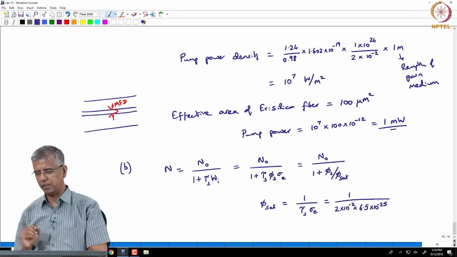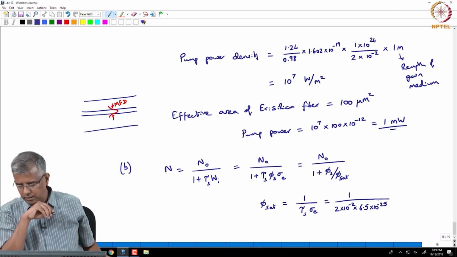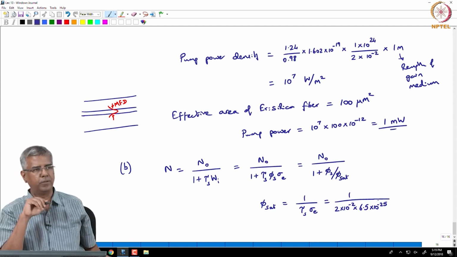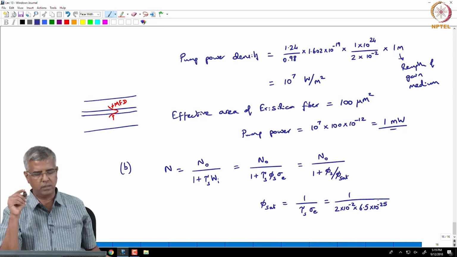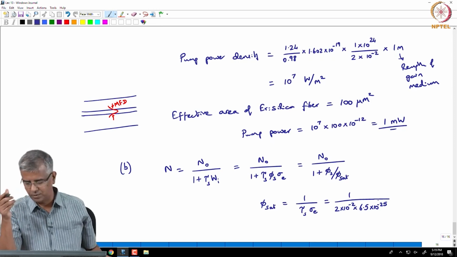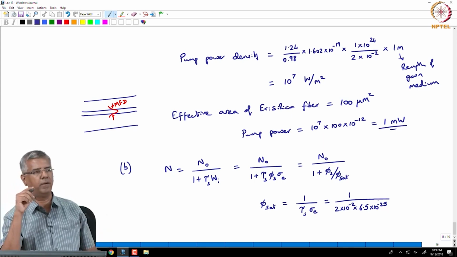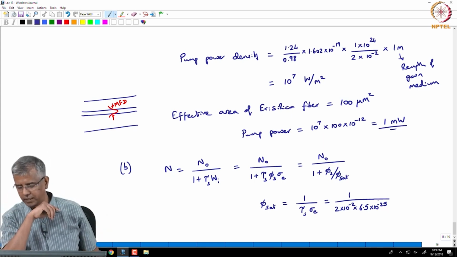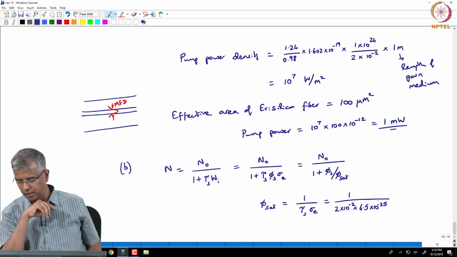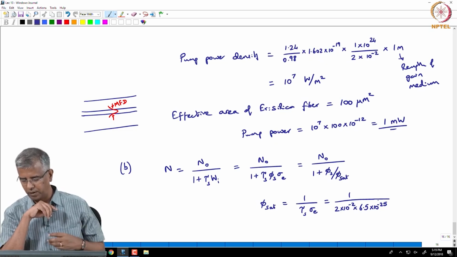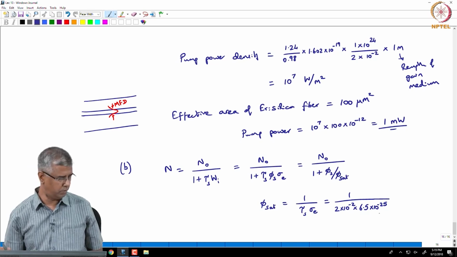And mind you, sigma e is actually a different number for different wavelengths, because different frequencies correspond to different transitions, and each transition may have a slightly different transition probability. So, the emission cross section is a function of wavelength, but we are picking one particular wavelength and calculating it, and this is what it comes out to be.